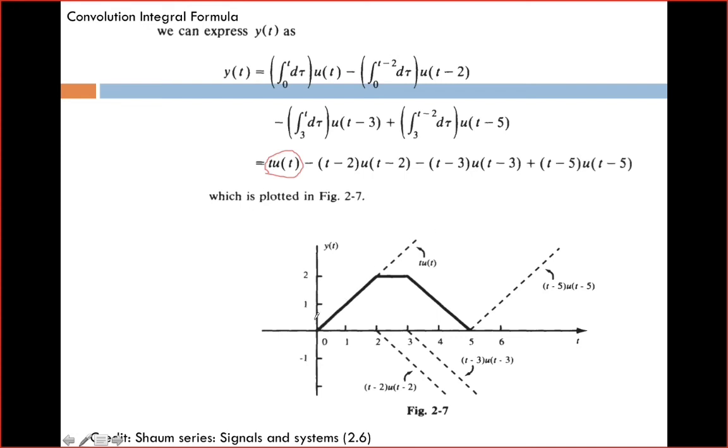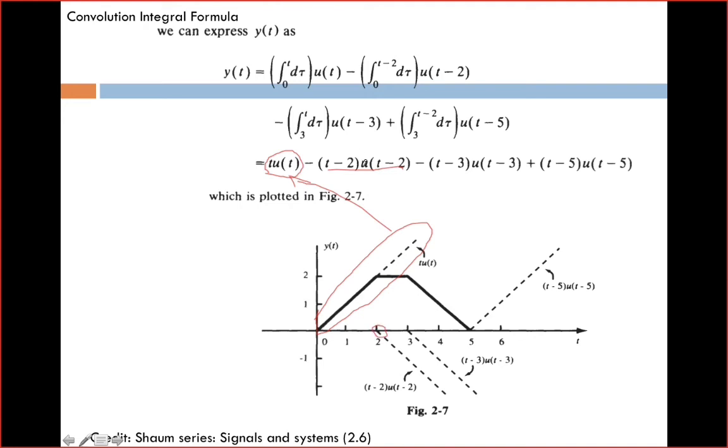So this particular line represents t into u of t. The second function is t minus 2 into u of t minus 2. U of t minus 2 means the signal should start from 2, so the signal should start from this point.